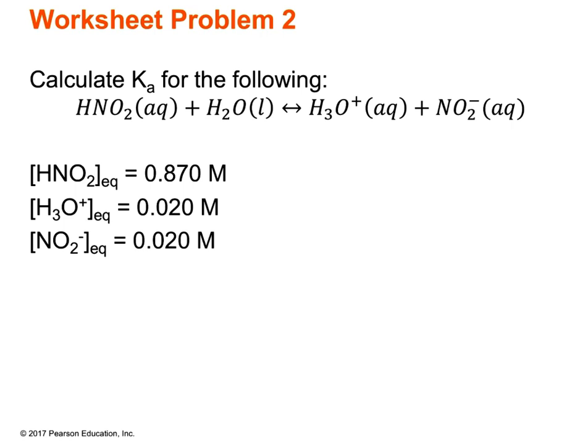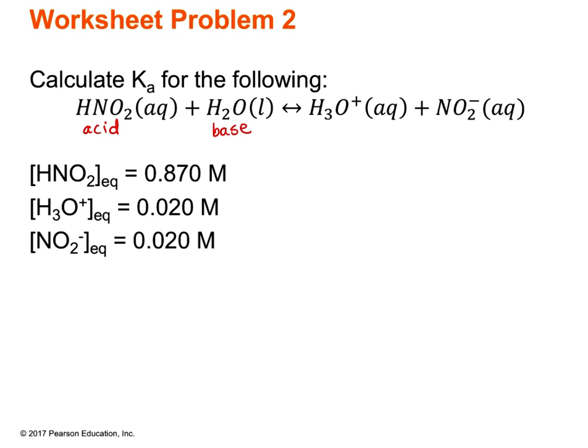To start, we should know that HNO2 is nitrous acid. Once you have all of the acids and bases memorized, that will be much easier to identify. That means that water is going to act as a base.